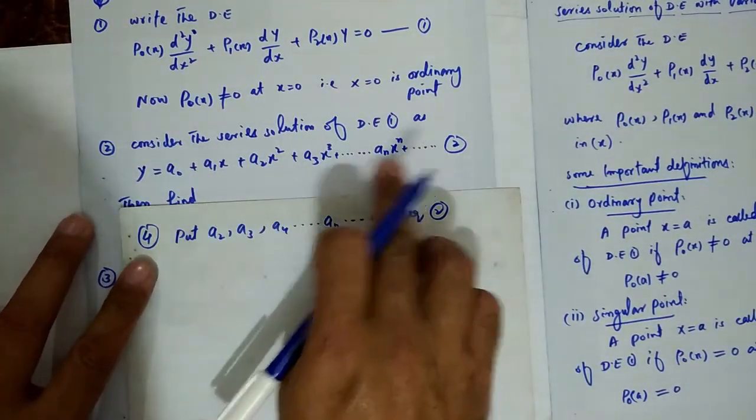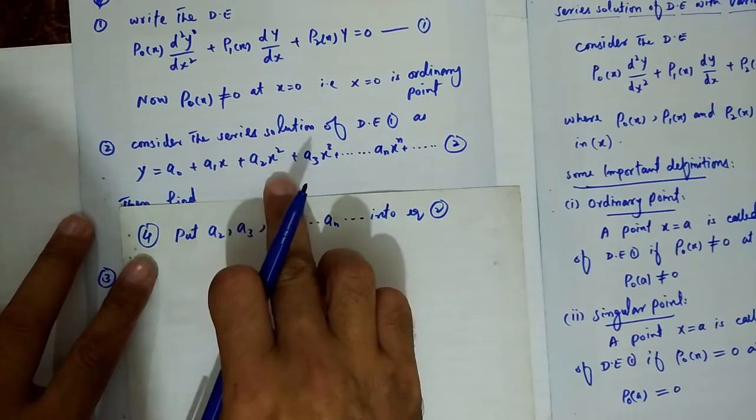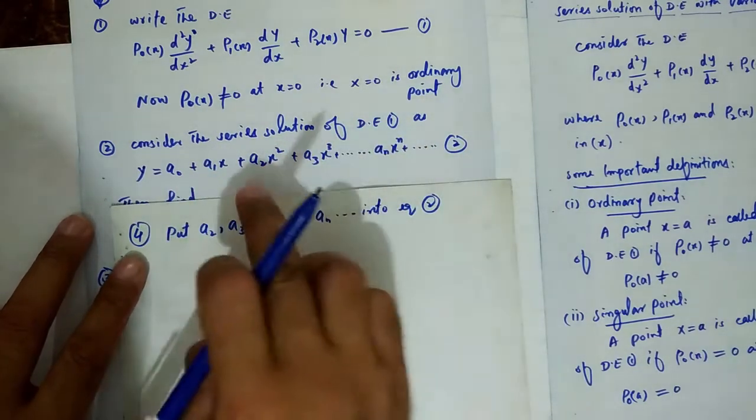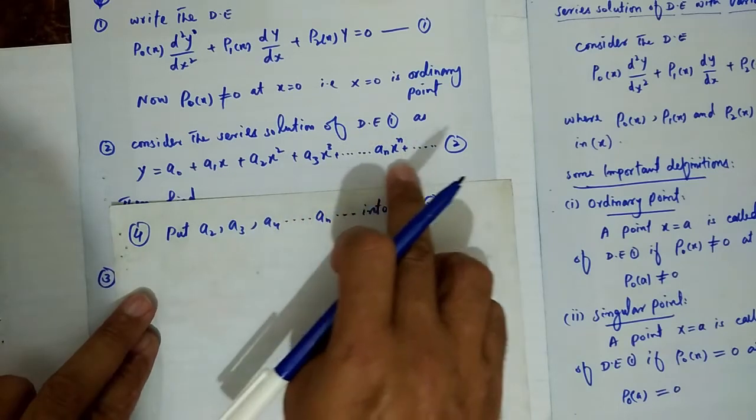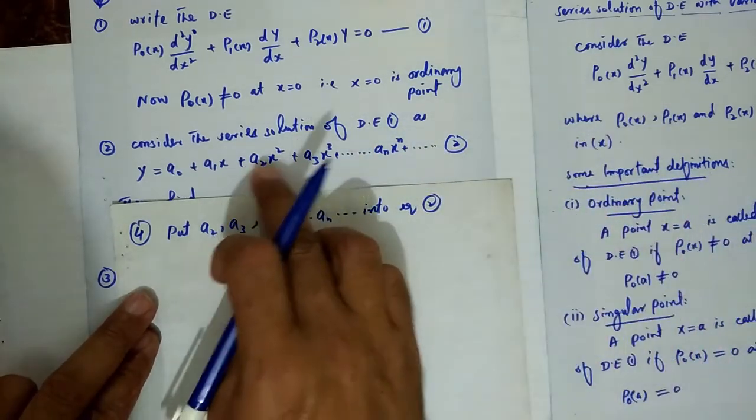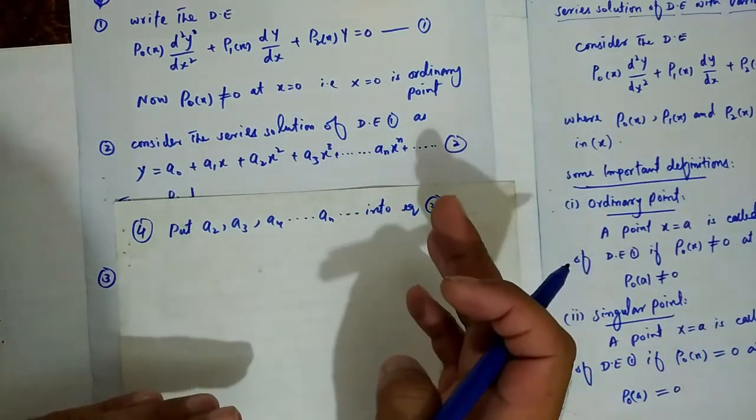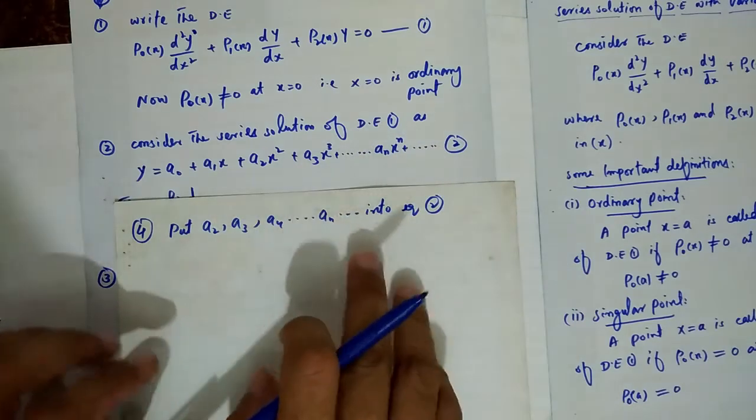Here in this equation, a0 and a1 already exist, and a2, a3, a4 and so on will be given in terms of a0 and a1.